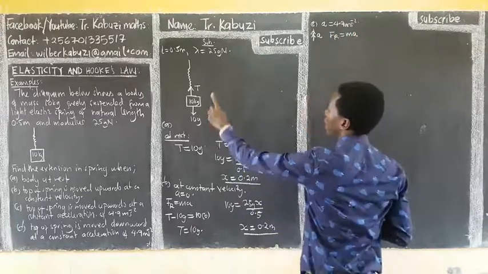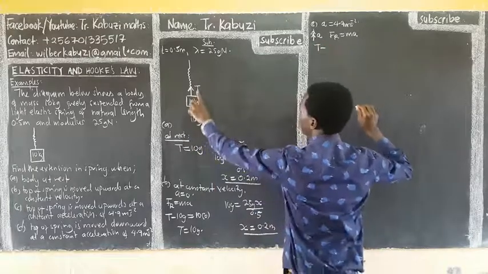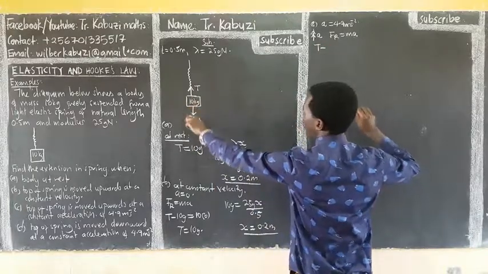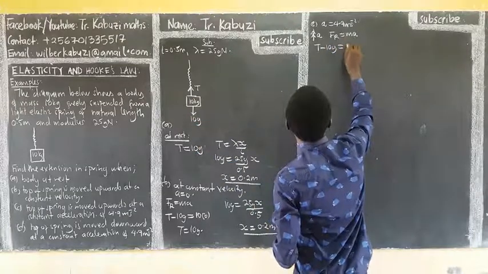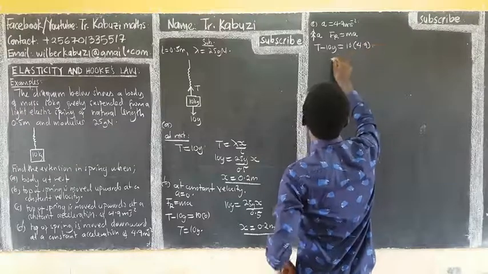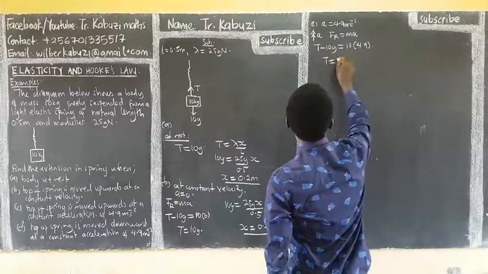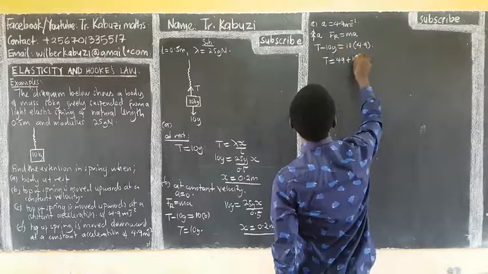So T, which is pulling it up, minus 10g, which is opposing, is equal to the mass 10 times the acceleration 4.9. From here, our T is going to be 49 plus 10g.